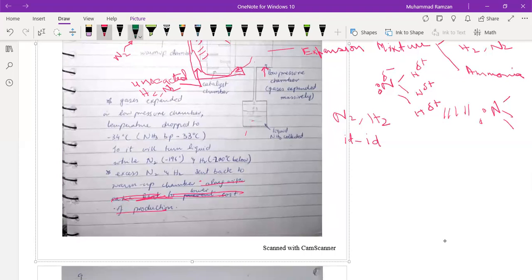Basically, ammonia has a higher boiling point among gases. I'm writing BP short, but you write the complete wording, not BP.